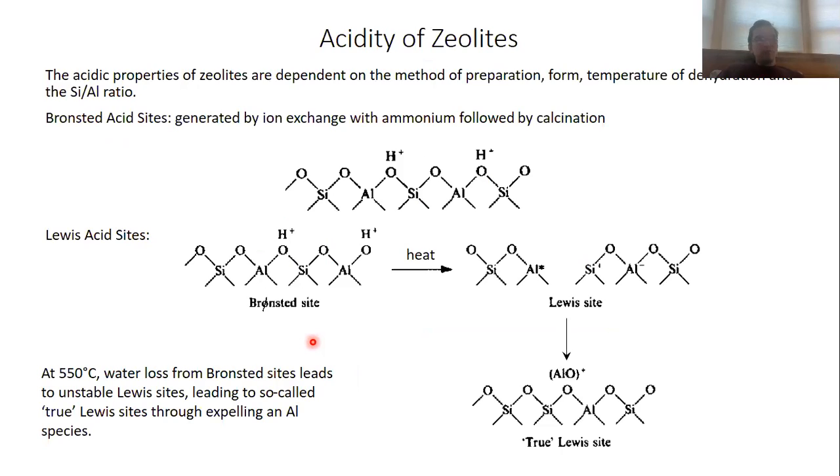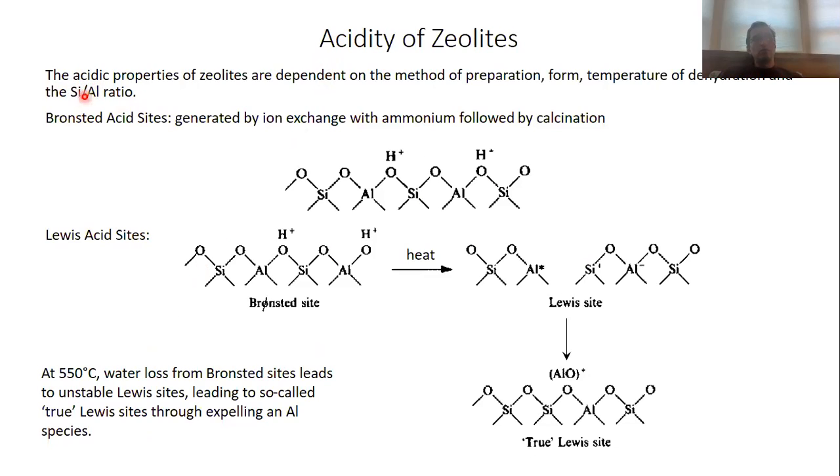Okay, then another very important application of zeolites is catalysis. And much of zeolite catalysis is acid catalysis. The acidic properties of zeolites result when you exchange the countercations in the pores by protons, whereby again you can determine the number of the protons in the pores simply by the silicon to aluminum ratio.